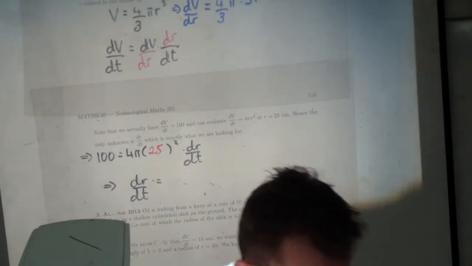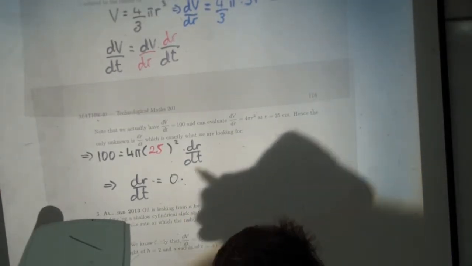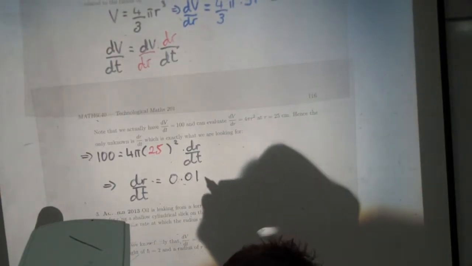What did you get? Okay, this is okay. 0.27? No, 0.0... 0.01273. I recommend the 4 significant figures, so that's what I mean there by 4 significant figures.